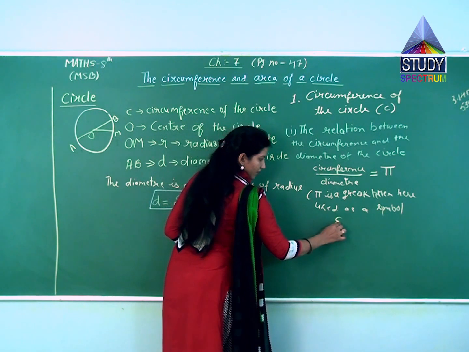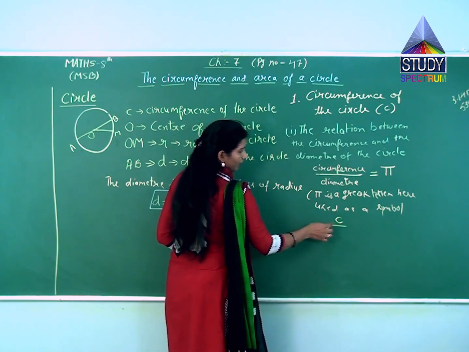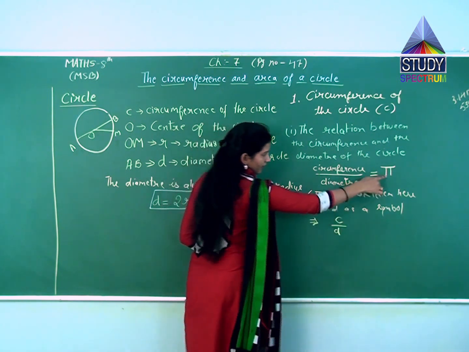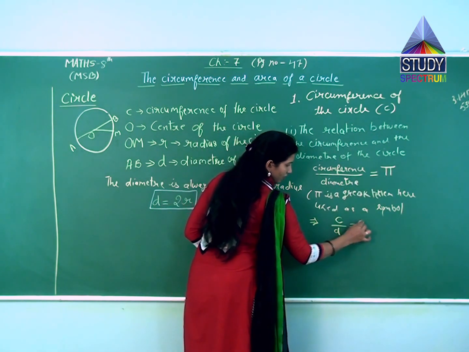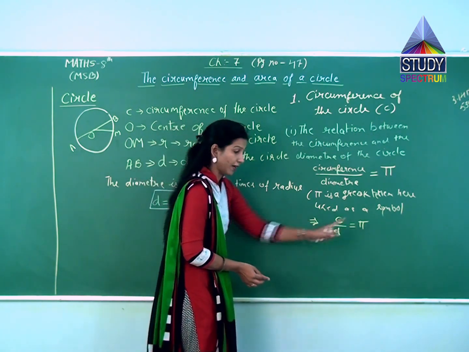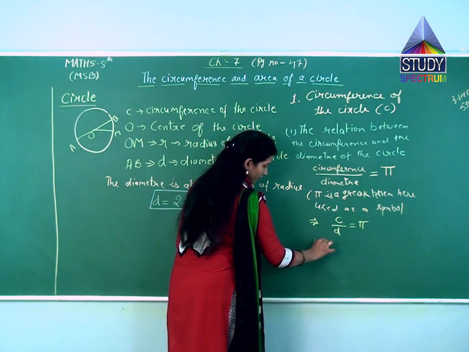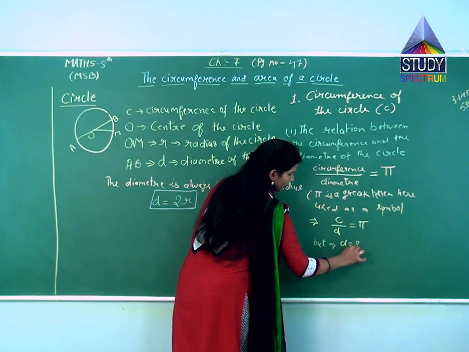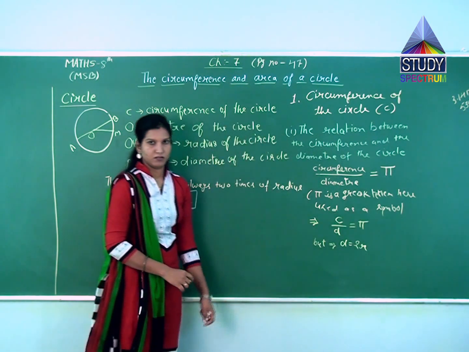Now circumference can be written as C upon diameter D equals pi. C upon D is equal to pi. But D is equal to 2r. Why?